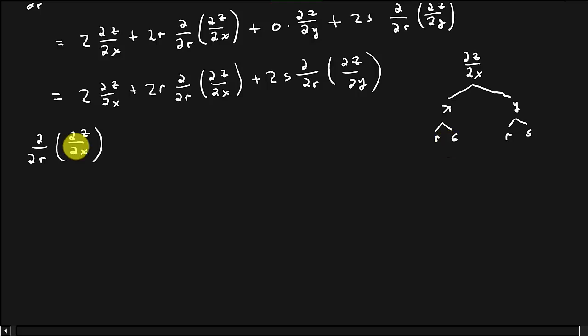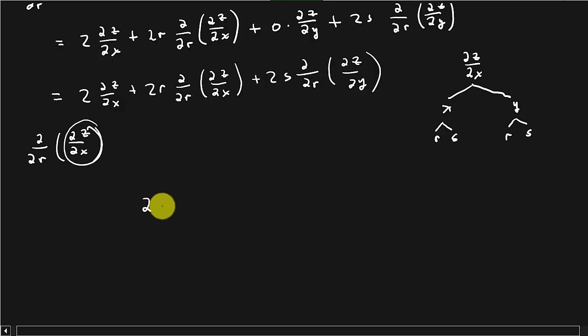Remember the problem we worked before? It was like the partial of w, and so the w would go here. Or if we had the partial of z, the z would go here. But we've got the partial of z with respect to x with respect to r. We're taking the partial of this.